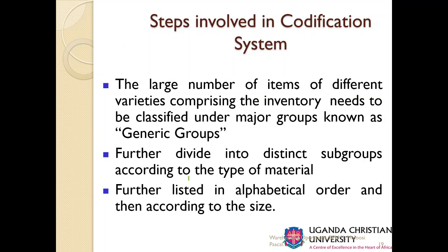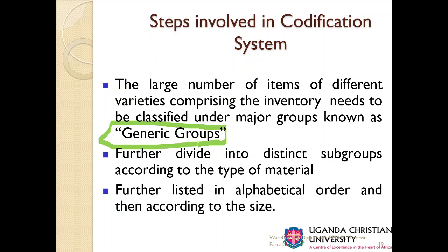So, what are the steps involved in this process? Remember, we said we have to have the general group. Do we know the generic group? For example, raw materials is a generic group. Say raw materials, it may be metals. Metals becomes a generic group. Then you divide the metals into subgroups because you look at different kinds of metal.